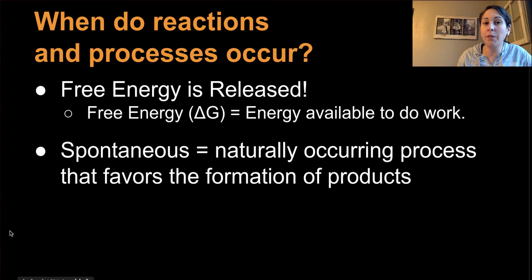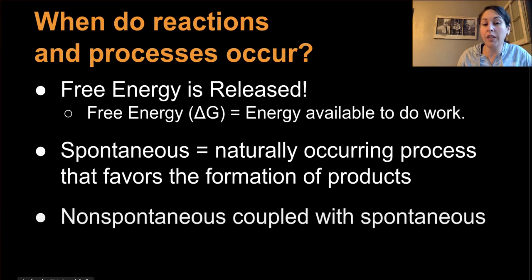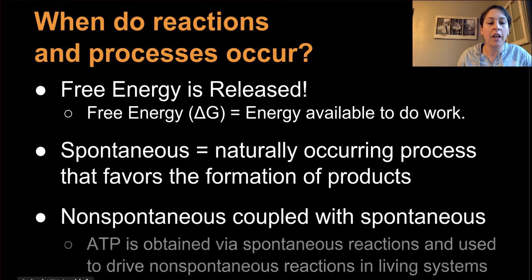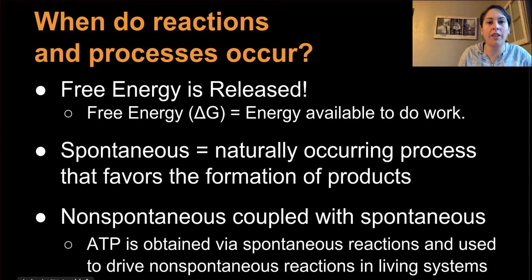Now, that doesn't mean that a reaction won't occur. Sometimes we see non-spontaneous reactions that are coupled with spontaneous reactions in order to allow them to occur. The most classic example of this is ATP. If you remember back to biology, we learned lots about ATP. It's what we make in the process of cellular respiration. ATP is formed by using the spontaneous reaction in our cells of cellular respiration.